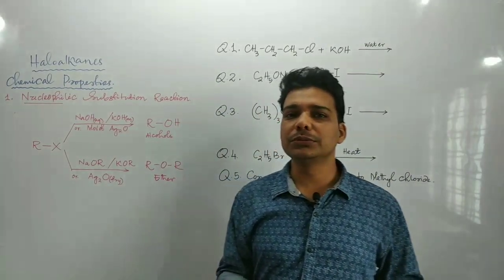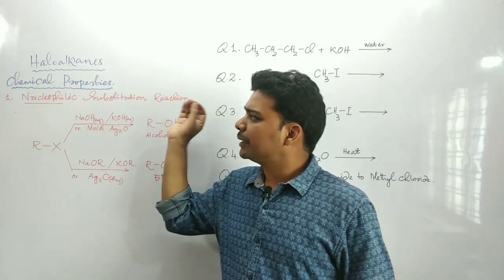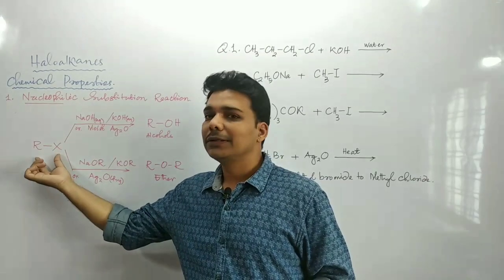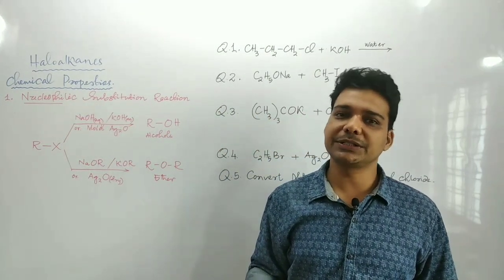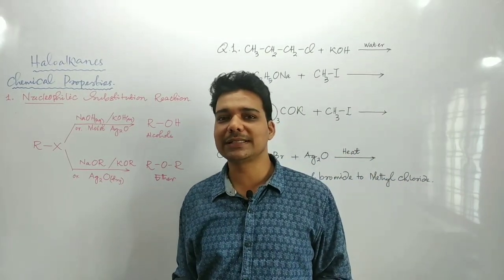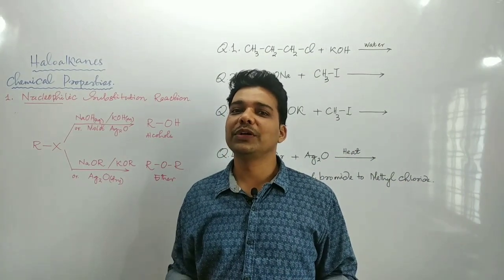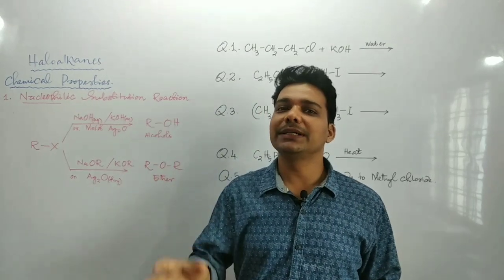As I have told you, this is a very common and general reaction for alkyl halides. They undergo nucleophilic substitution reaction with varieties of nucleophiles and form varieties of organic compounds.